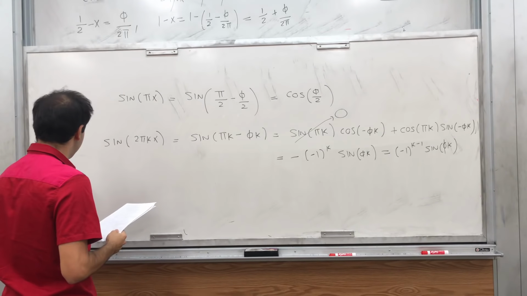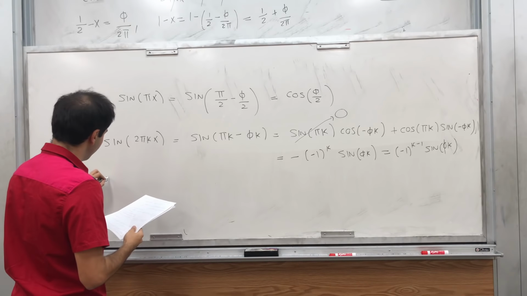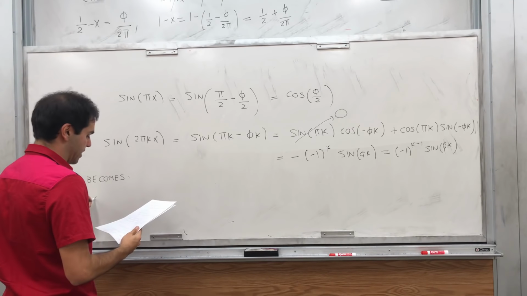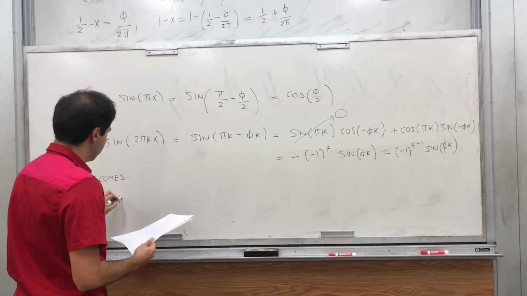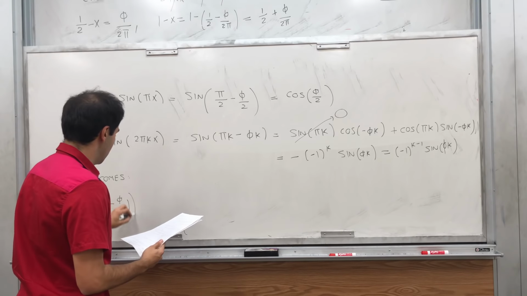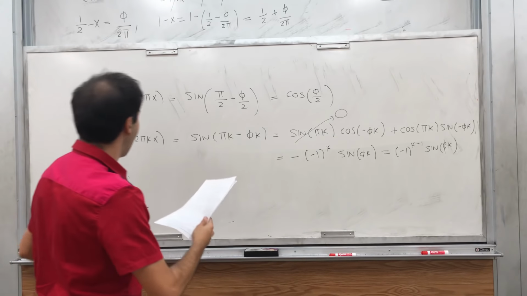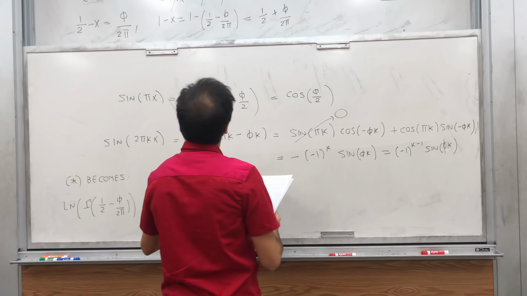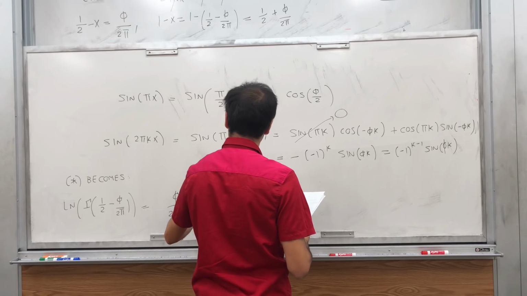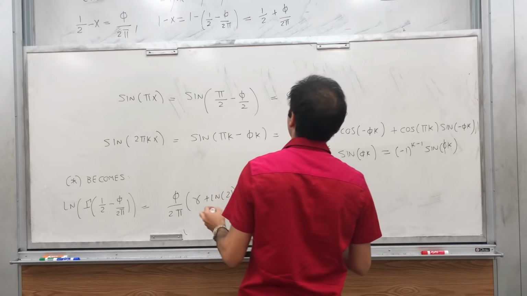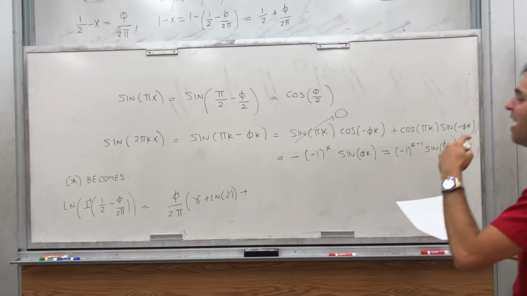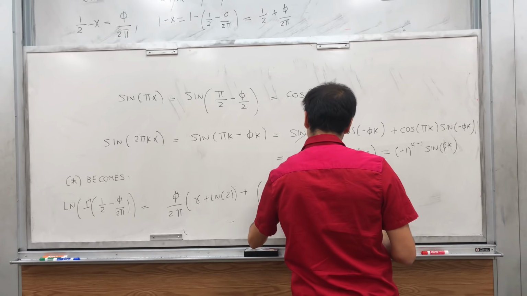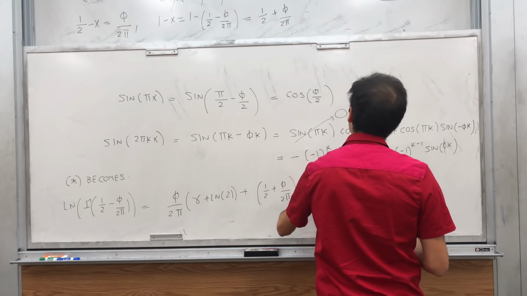So star then becomes the following beautiful expression. ln of gamma of 1/2 minus phi over 2 pi equals, so 1/2 minus x, which is phi over 2 pi, times gamma plus ln of 2, plus 1 minus x times ln of pi, which is 1/2 plus phi over 2 pi times ln of pi.